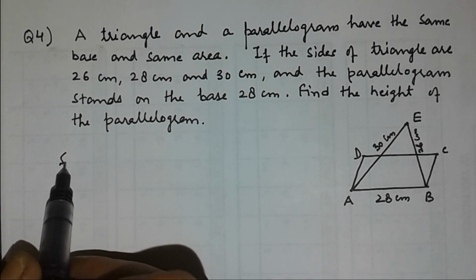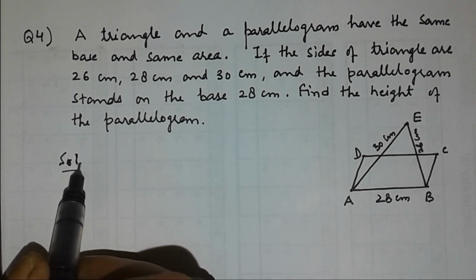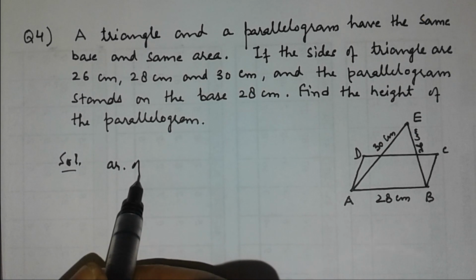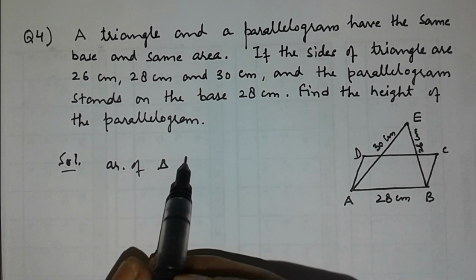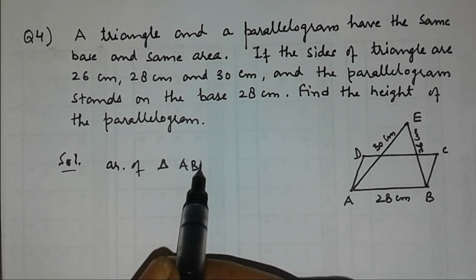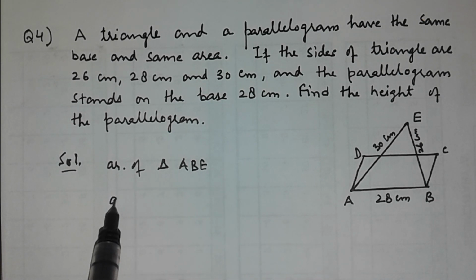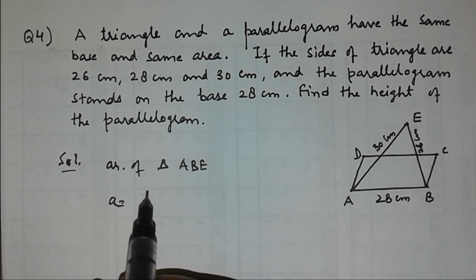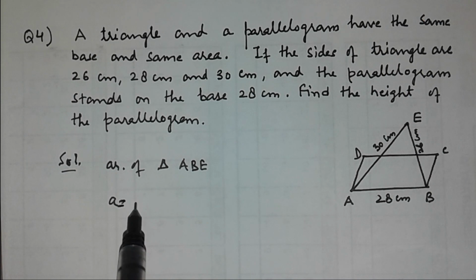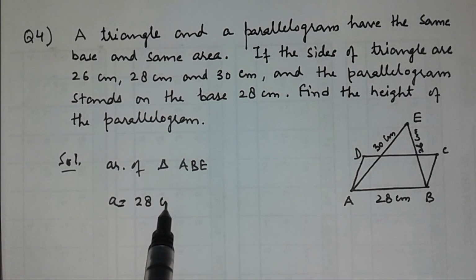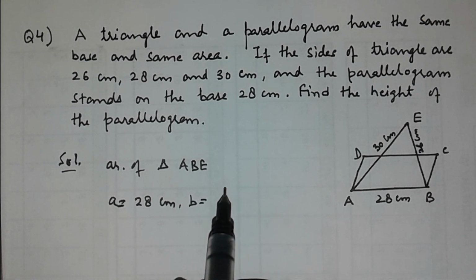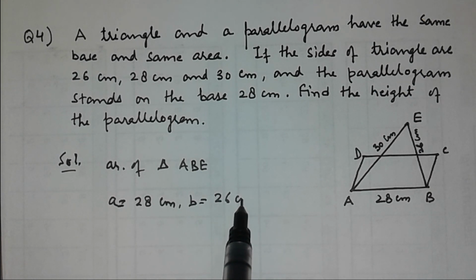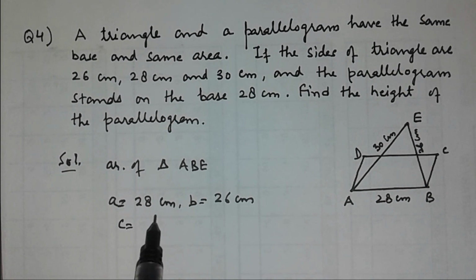So first of all, we will find the area of the triangle, that is ABE. So here a is given 28, so write 28, b is equal to 26 and c is equal to 30.